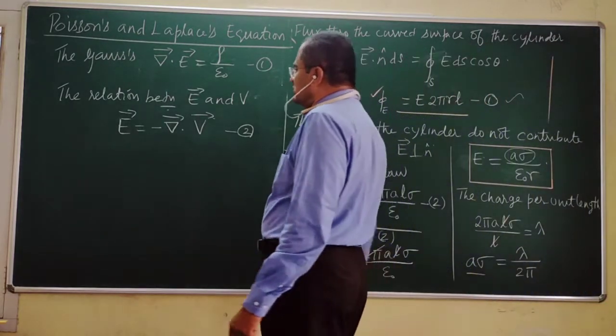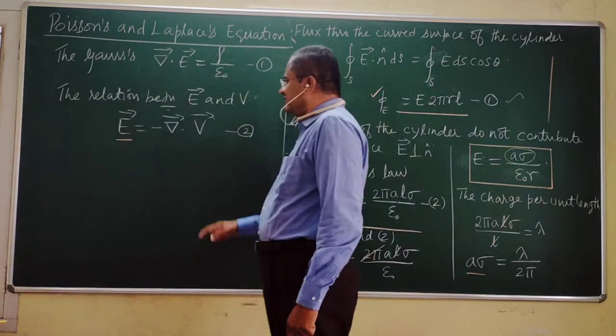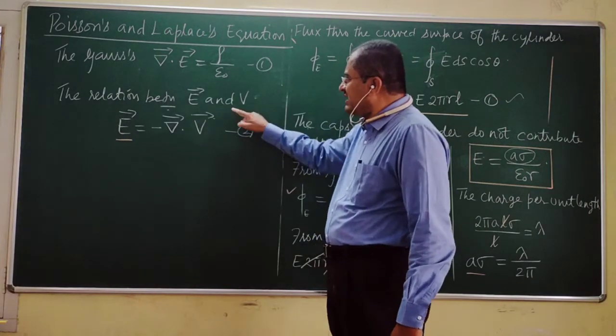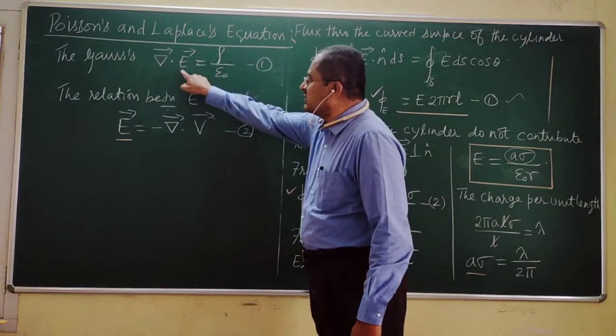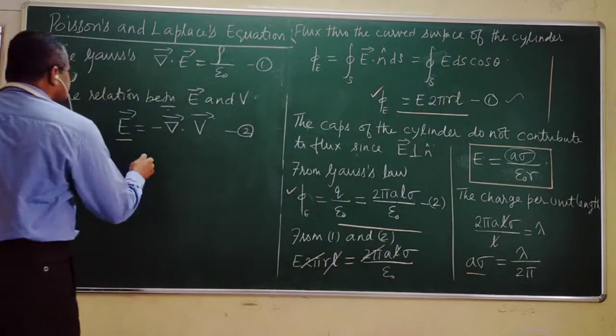We are going to substitute the value of E from the negative gradient of potential, the relation between E and V, in equation 1, which is Gauss's law. Let us see what happens.